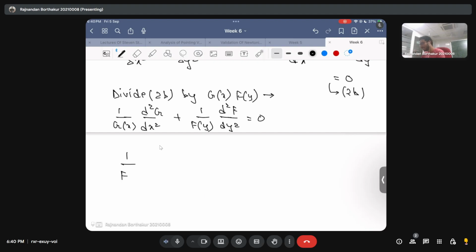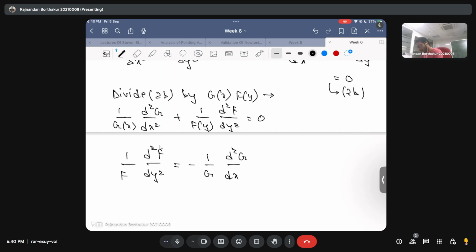So I'll just write f and g instead of always writing the variables in brackets. So this then becomes 1 by f times d2f by dy2, and I'm taking the 1 by g term to the other side, so this becomes minus 1 upon g times d2g by dx2.